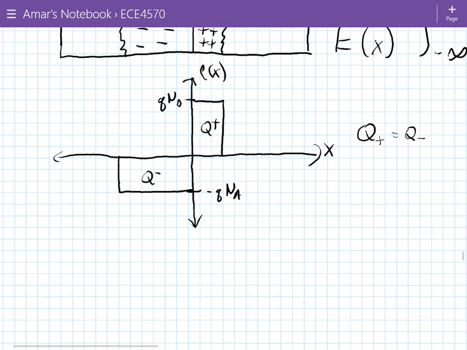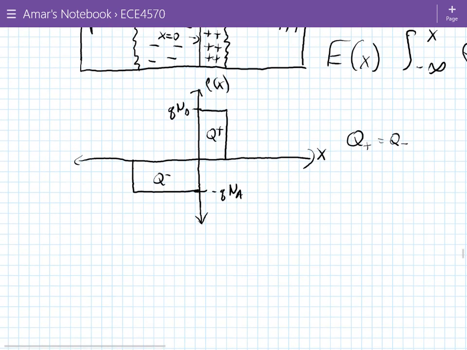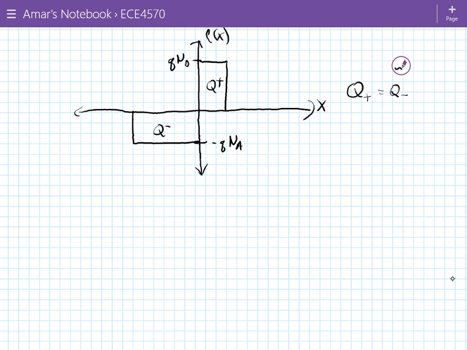Now, the next part, we're going to figure out the electric field. So let's put down a chart here like this. The reason I'm drawing the chart like this is that I know the electric fields are going to be negative, so I'm making sure I have enough room on the negative axis. We can say E of x.